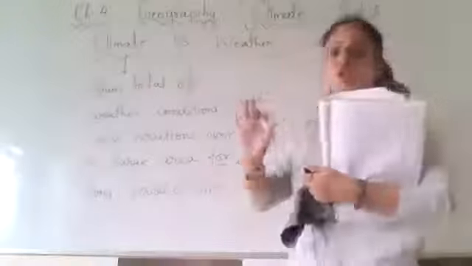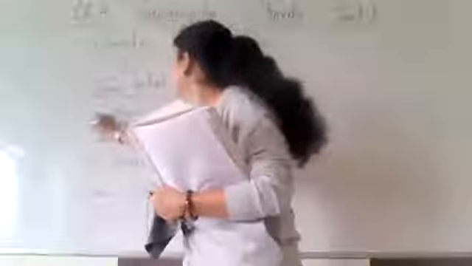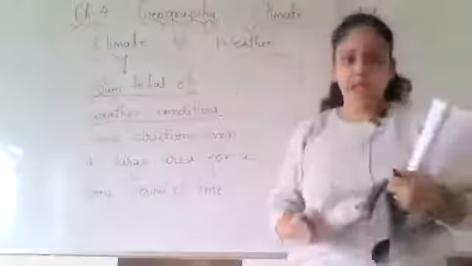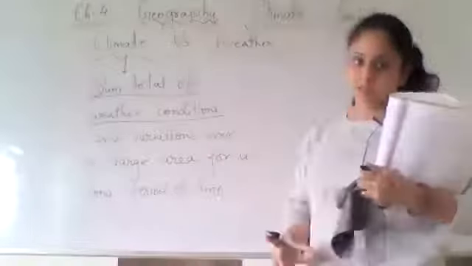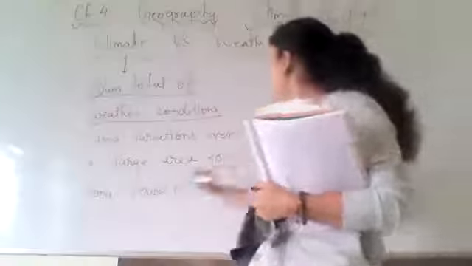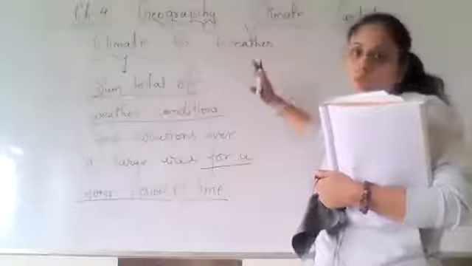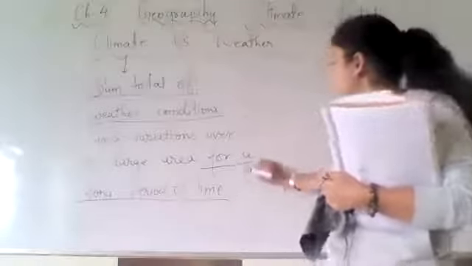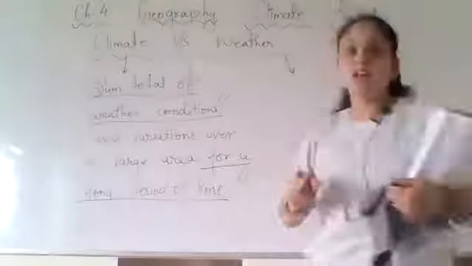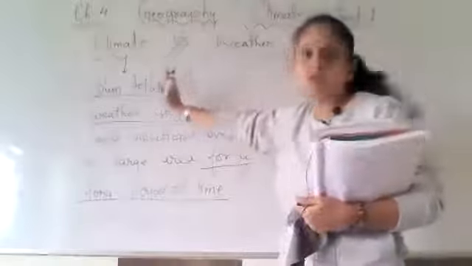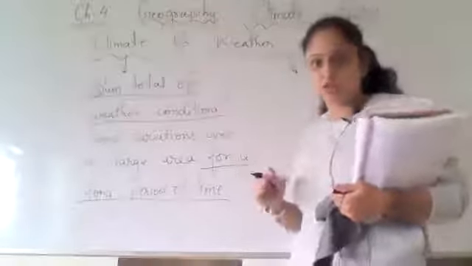So we are going to understand this definition: sum total of weather conditions and variations over a large area for a long period of time. Here, long period of time and sum total of weather conditions are the two main points you need to remember. Now when I compare it with the weather, you will understand how it is different from weather and what climate actually is.